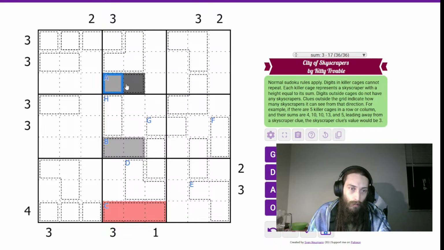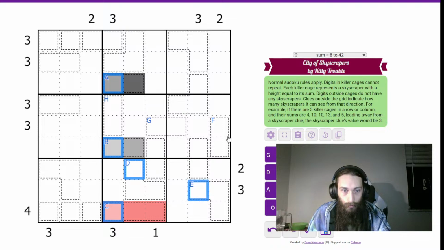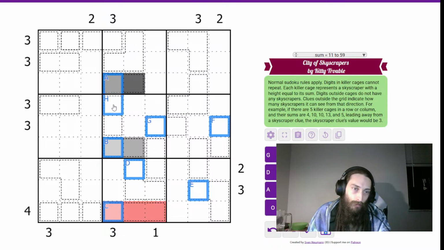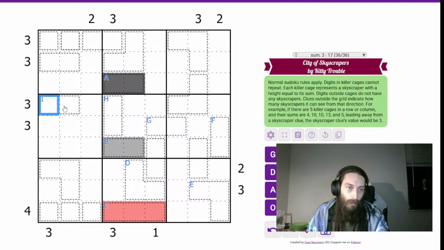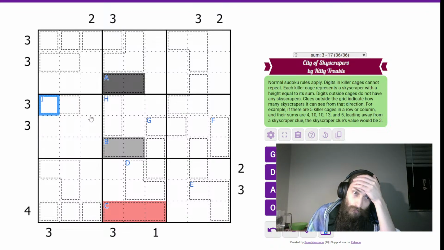But yeah, so A is larger than B, is larger than C, is larger than D, is larger than E, is larger than F, is larger than G, is larger than H, is larger than I. 17, 16, 15, 14, 13, 12, 11, 10, 9.